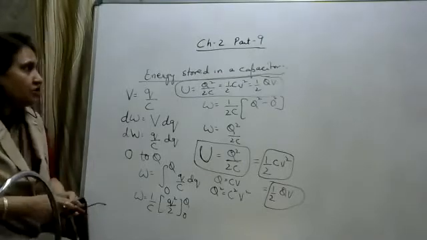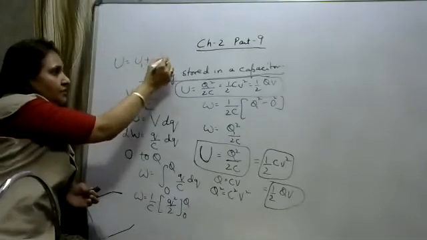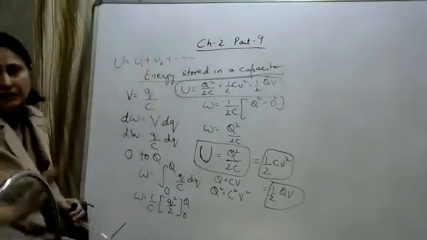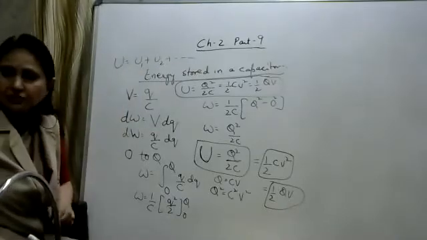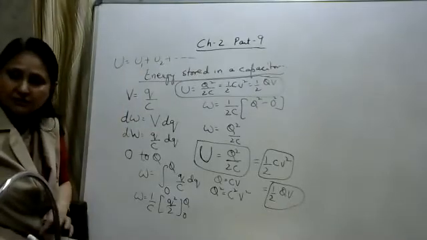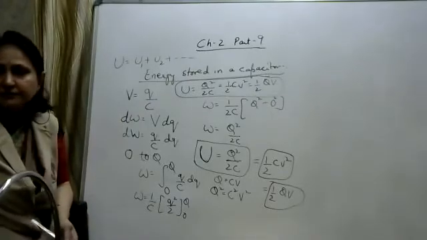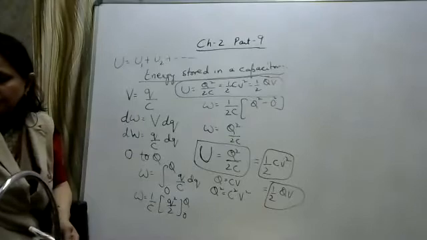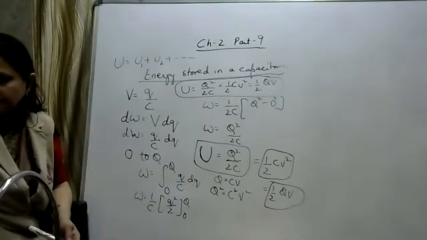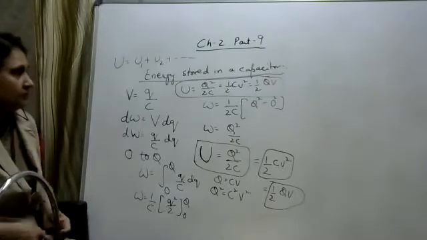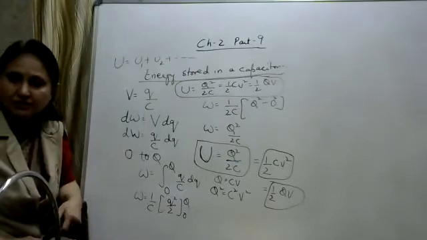So the total energy will be equal to the sum of the energy stored in individual capacitors, whether they are connected in series or in parallel. Okay, so note it down.